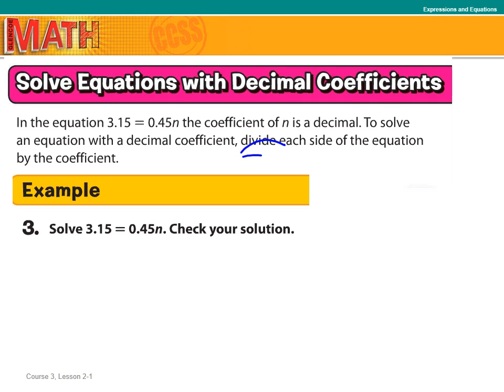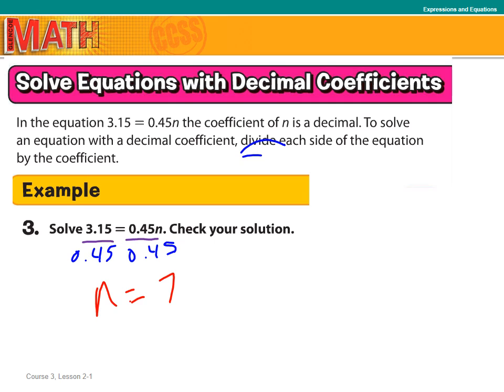And again, our goal is to isolate the variable. So I'm going to divide, because right here we're multiplying. 0.45 times n. We do the opposite, which is division. So I'm going to take 0.45 on both sides. And what I get is, when I take 3.15 divided by 0.45, n is equal to 7.